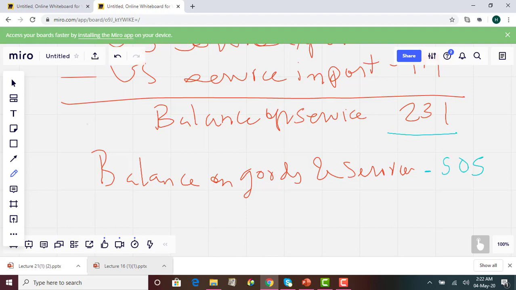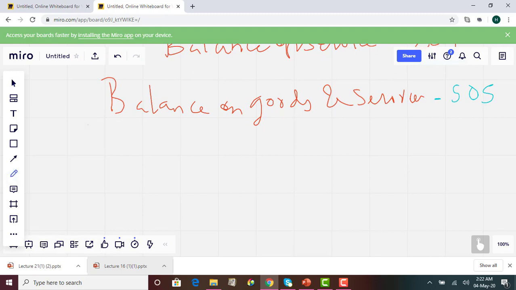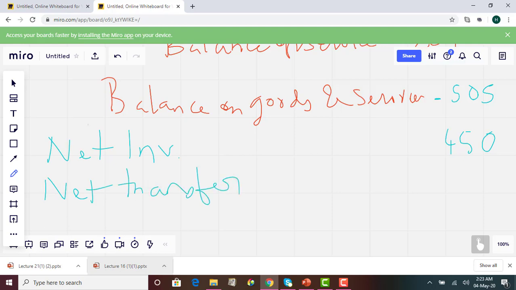Okay, then other accounts that are recorded under this are net investments made in the US in 2014. That was, let's say, 450 billion, and that's a positive number because the money is coming to the US. Then net transfer, that's money going out of the US for investments, let's say, is minus 58.